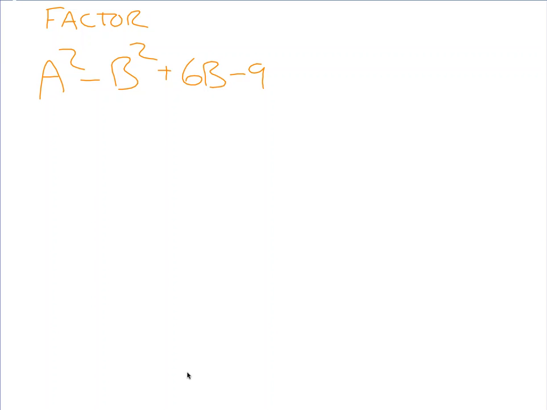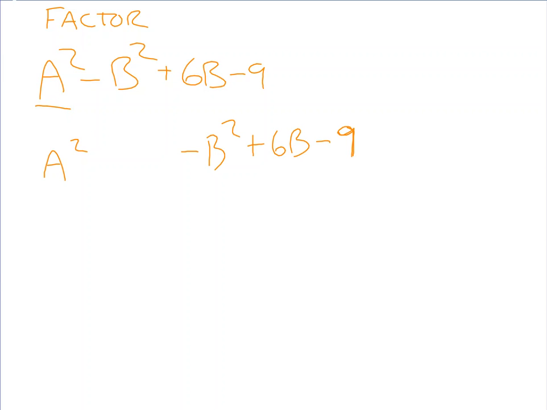So really quickly, I'm going to try to set things into groups that make sense together. So I notice here we have an a squared. Do we have anything that relates to the a squared whatsoever? No. Okay, so I'm going to set this a squared off by itself for a second. That would leave me with negative b squared plus 6b minus 9.